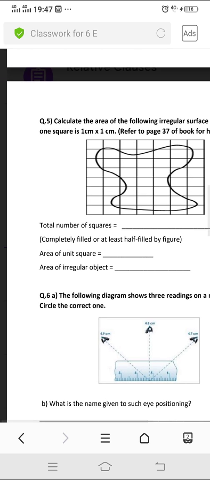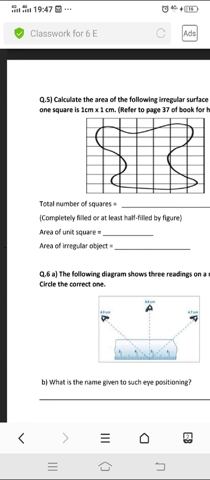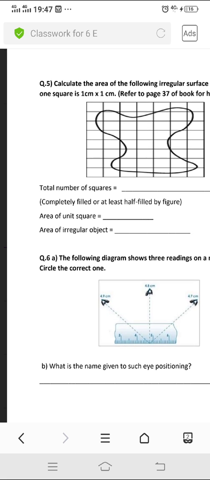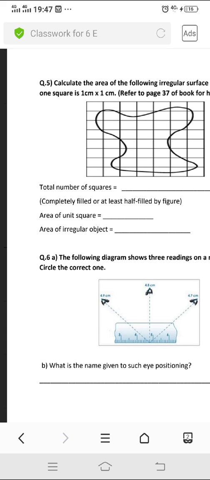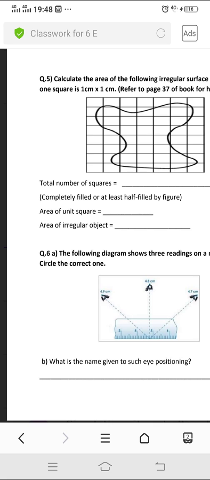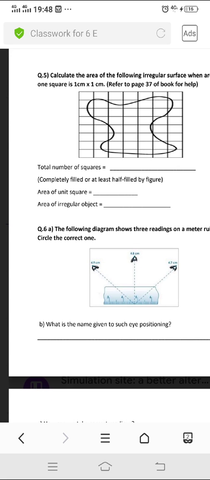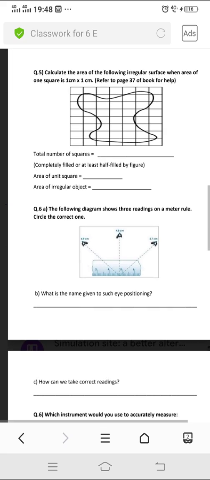Then area of each unit square is 1 centimeter square. Now how do you calculate the area of an irregular object? You're going to multiply the total number of squares by the area of the unit square. Okay, so this is how you will get the answer. Please ignore the squares which are not half filled. If something is less than half filled, ignore it.